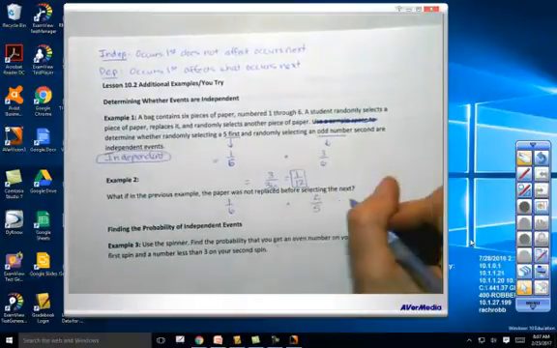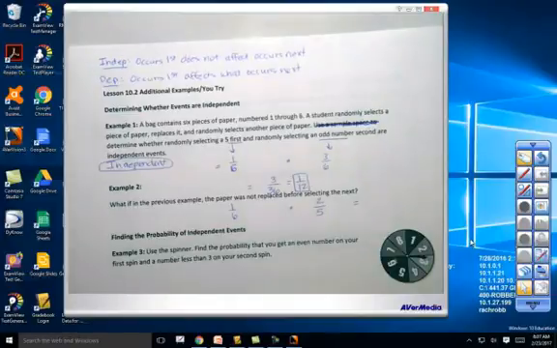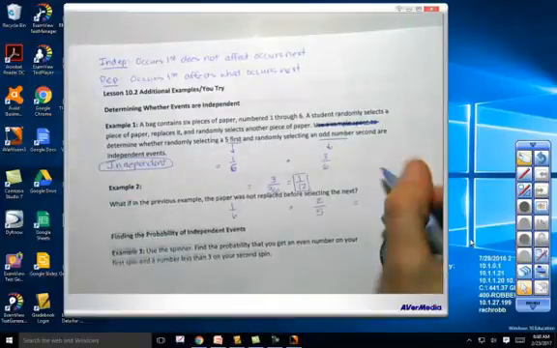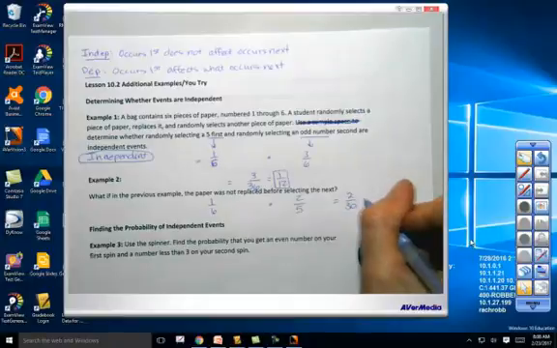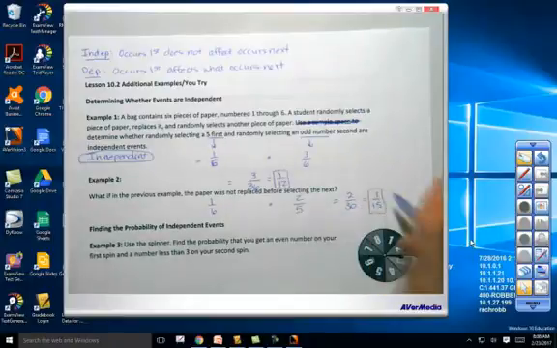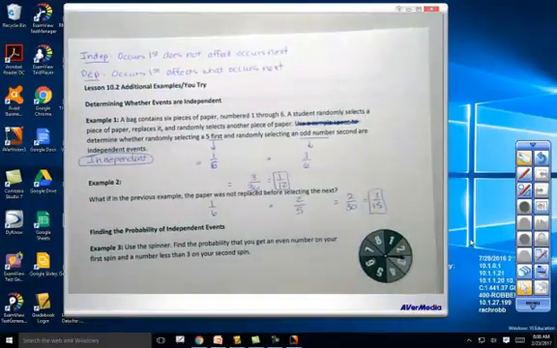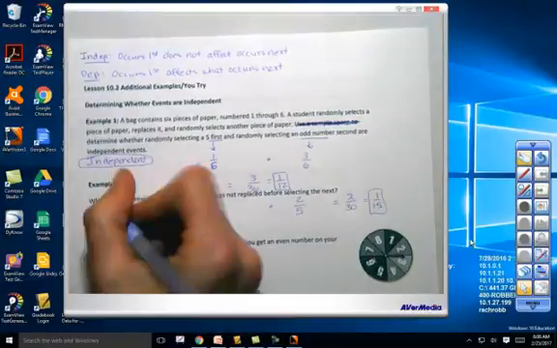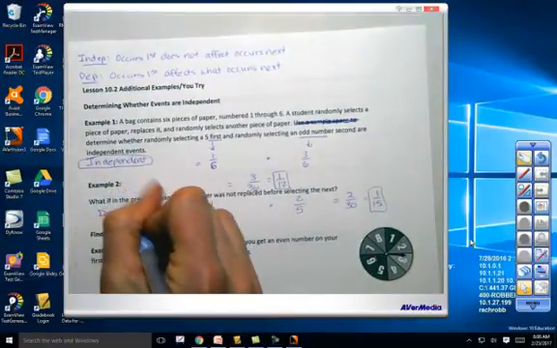And so the overall probability of this large event happening, these two things happening, is going to be a 2 on the top, a 30 on the bottom, or 1/15. And so the chance of this happening has changed because I've changed the way I've done the experiment. Okay? And so in example 2, this would be considered dependent.